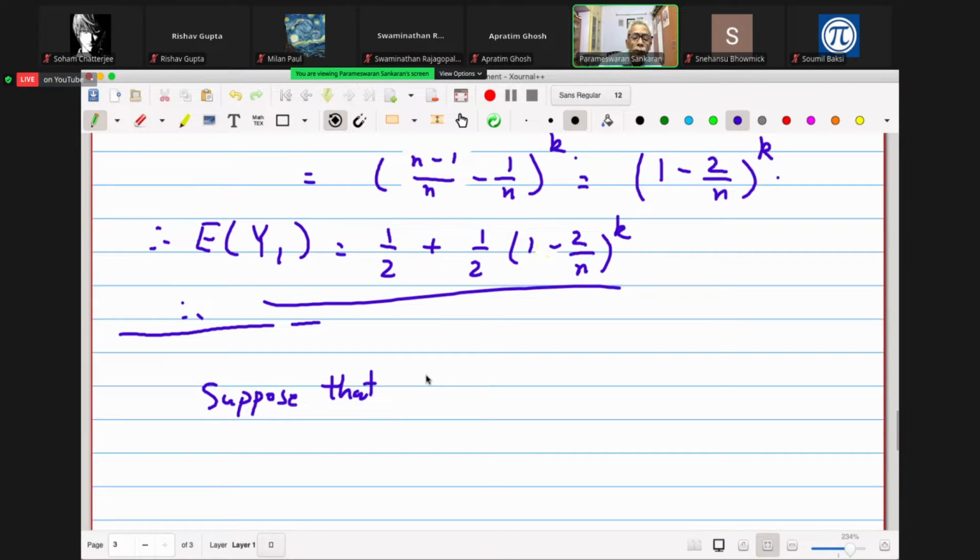X is a binomial random variable with parameters n and p.